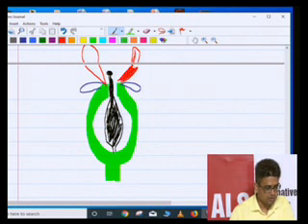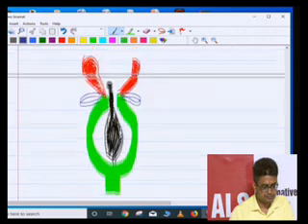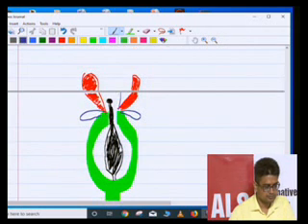If you've seen a guava flower, the petals are white colored. I'm drawing them yellow or blue or red, but if you've seen a guava flower, it's white colored. And the androecium will be here.